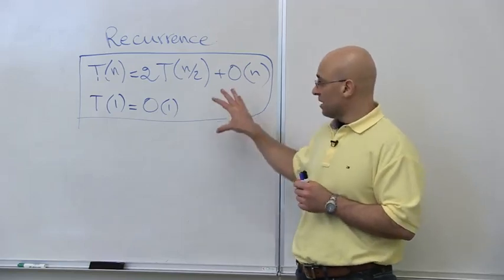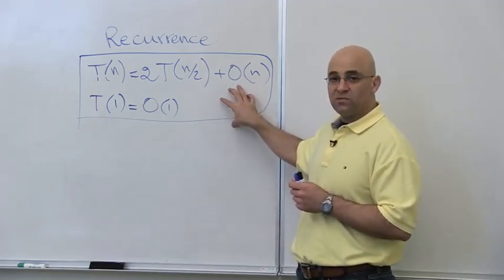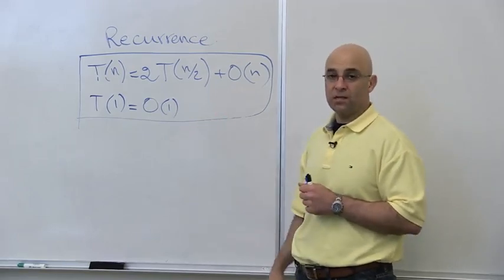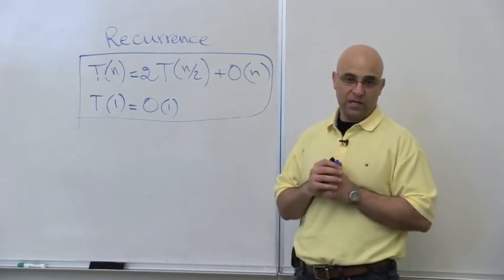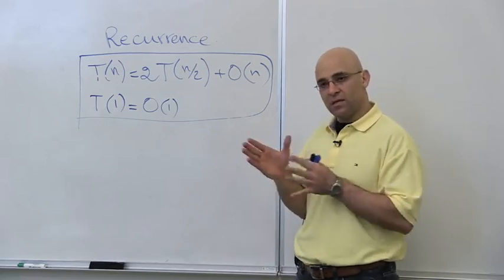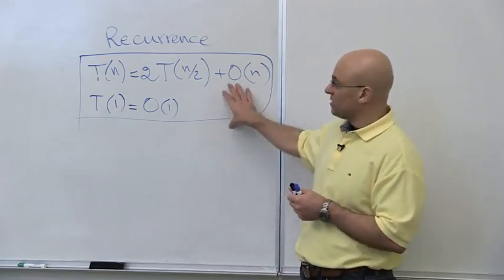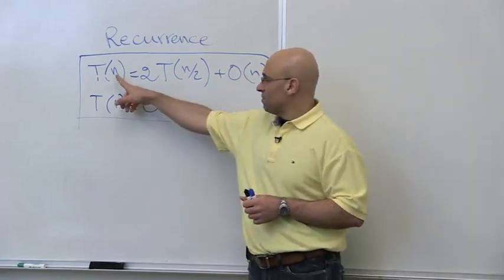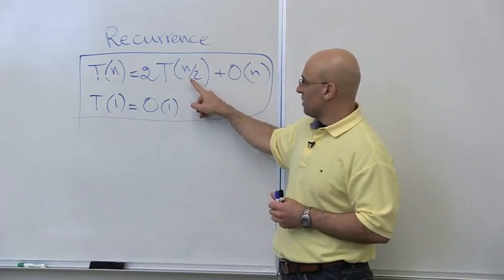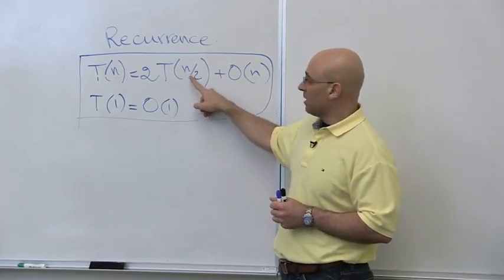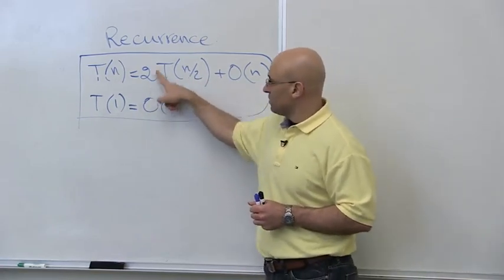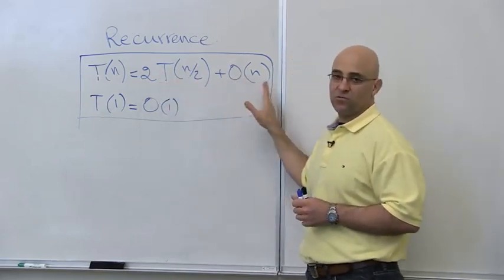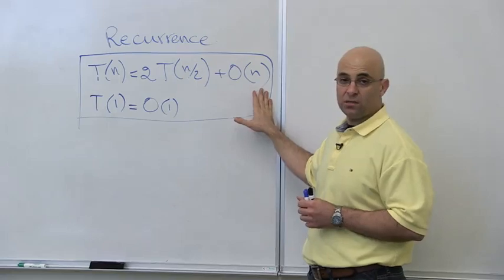But again, we would like to understand what this function is so that we understand how fast or slow merge sort is. Fortunately for us, the divide and conquer algorithms that we are going to see have this form of a recurrence, where we take a problem, divide it into subproblems each of equal size n over 2, and solve a certain number of the subproblems, plus some time for the merging process.